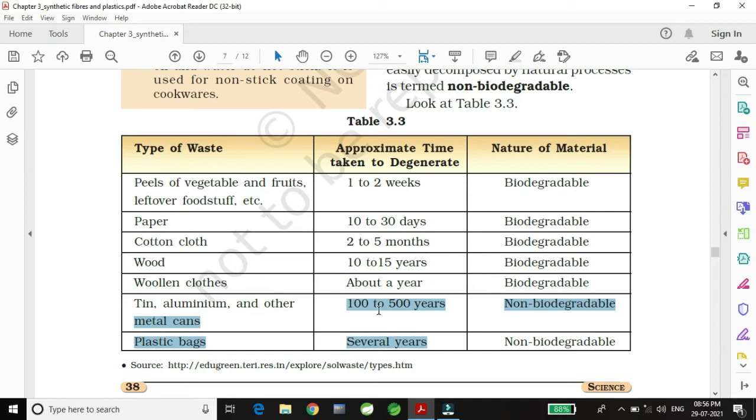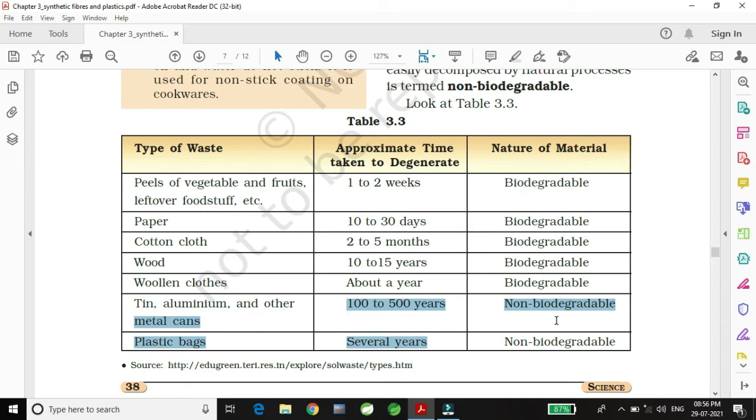Some take very little time to decompose and some take a very long time, like tin, aluminium and plastics. So why have we categorized them as biodegradable and non-biodegradable? Because both kinds of things get decomposed, we should say all things are biodegradable. So why are we calling something biodegradable and something non-biodegradable?